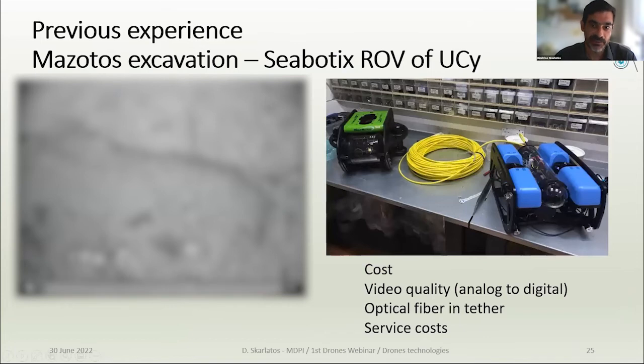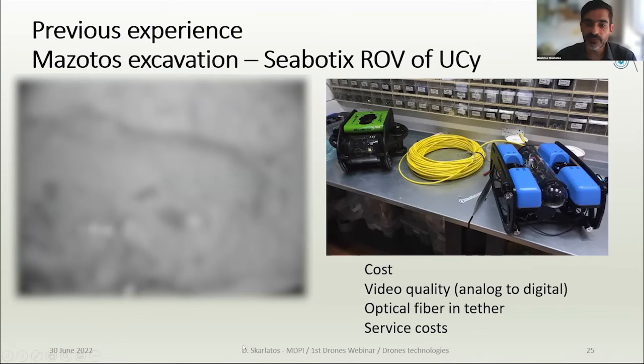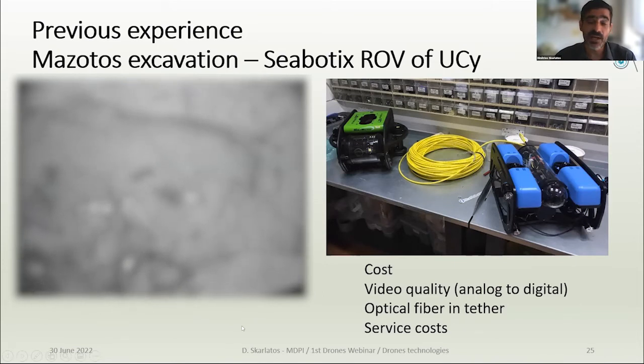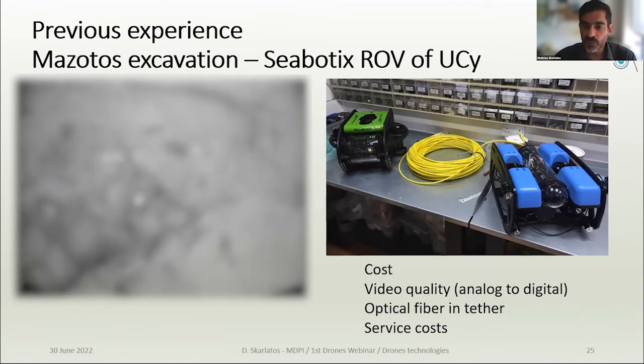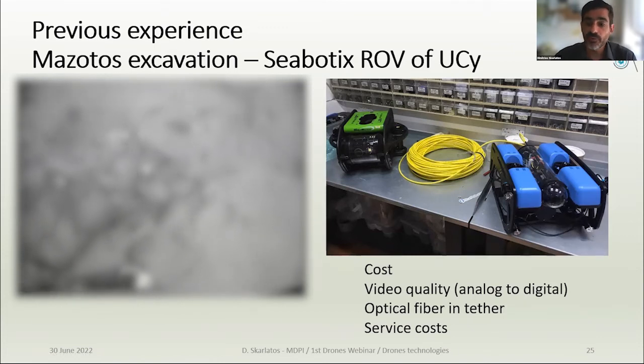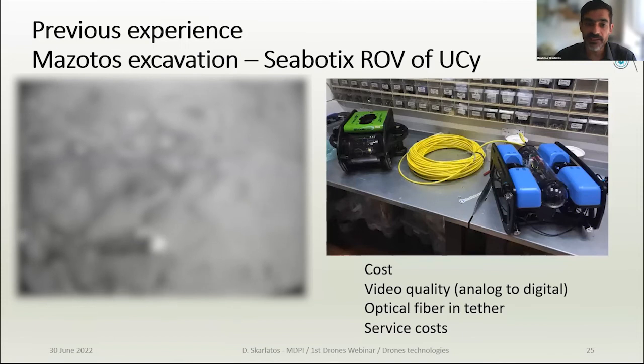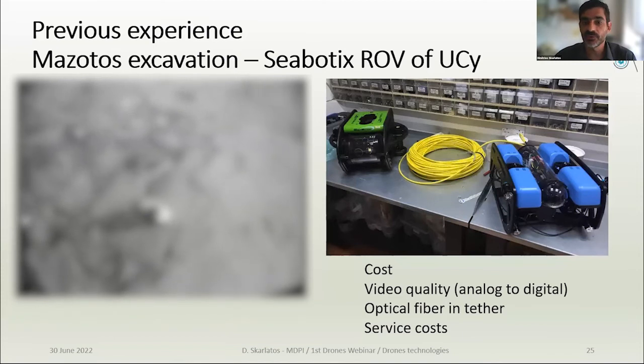We had experience previously with ROVs. For example, the University of Cyprus owned the Seabotics, the green one in the image. It was quite expensive. They have owned it since 2009, if I recollect correctly. It cost 30,000 euros. We broke the optical fiber tether twice, with a cost of 5,000 euros for replacement.